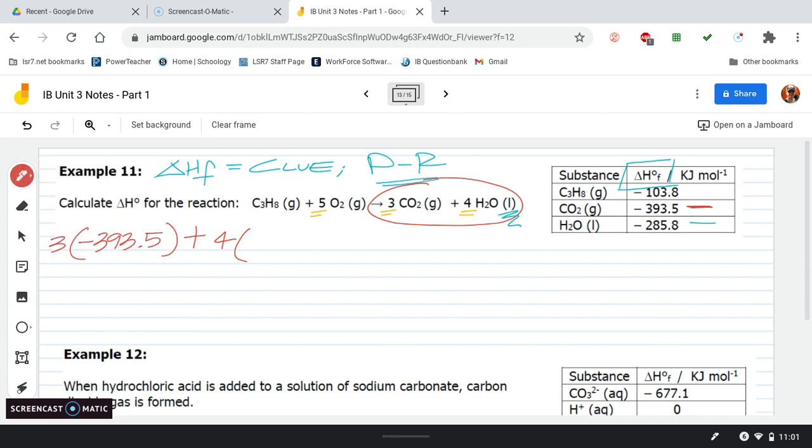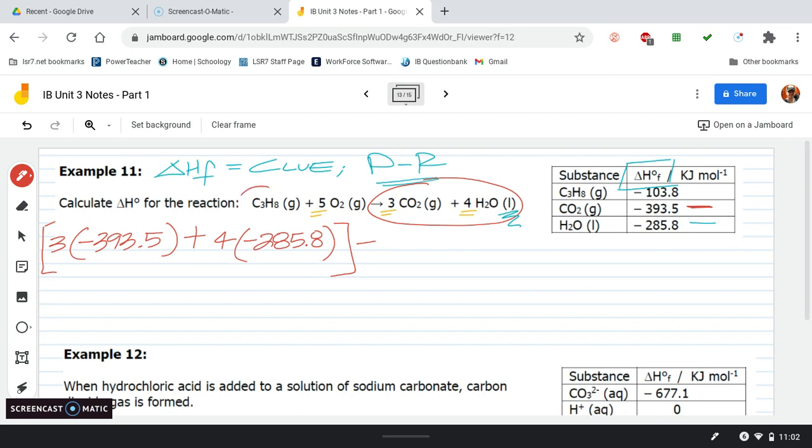So 4 times negative 285.8. So there are the products. We would add all those up, blah, blah, blah, but then we're going to subtract them from the reactants.